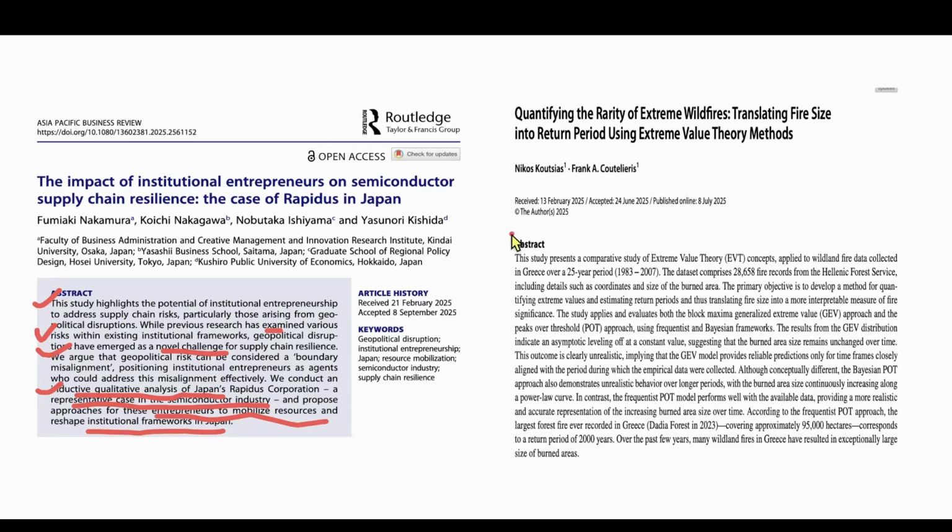Let's have a look at one more, which I feel is from Springer. So again, what is this study doing, what is the primary objective, what methodology the study is applying, followed by what the findings are.